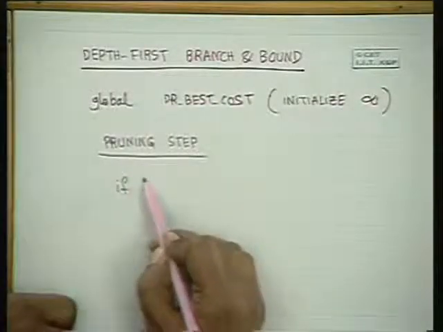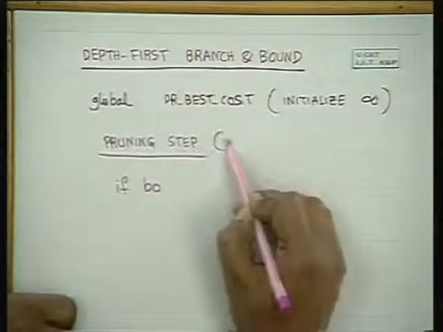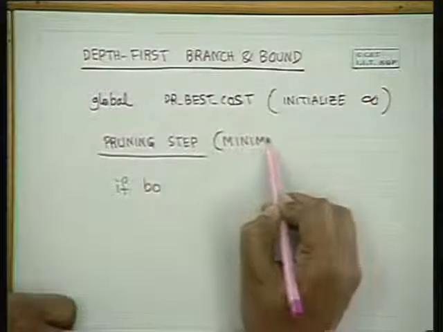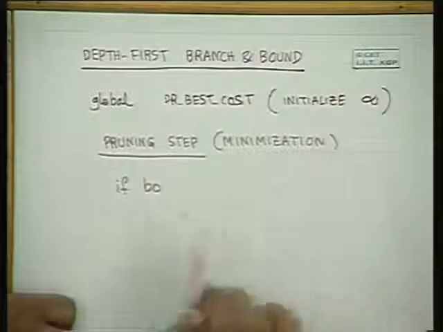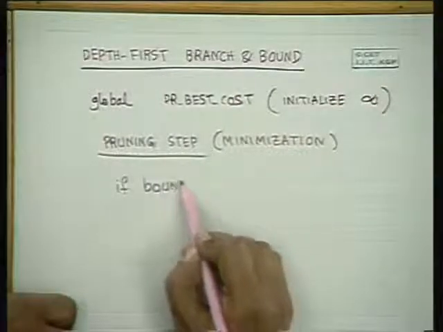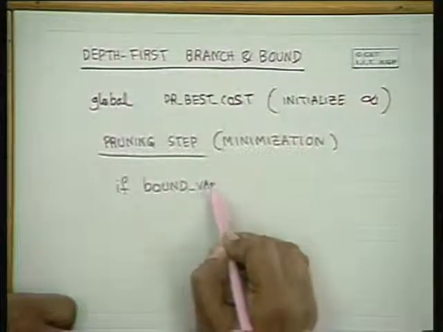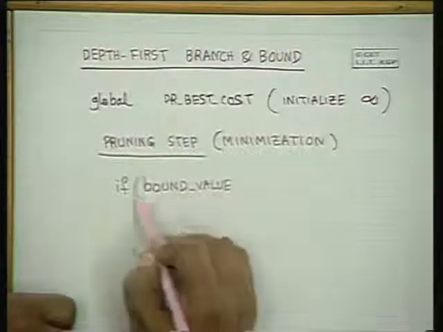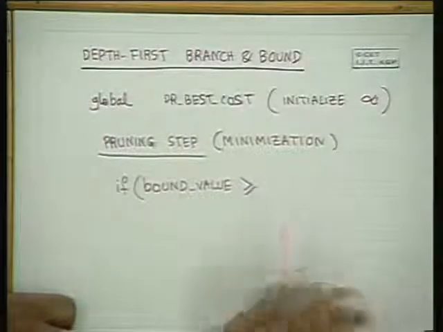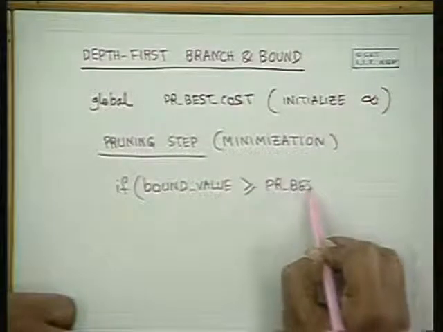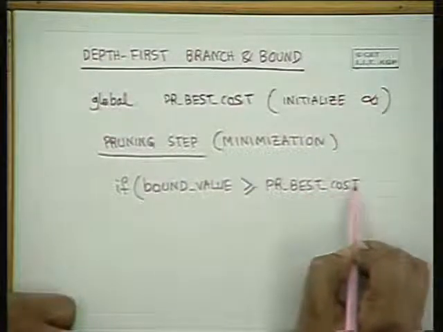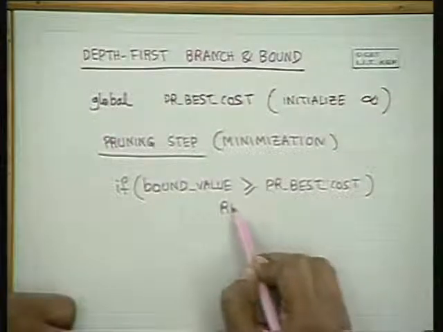If bound, this is in a minimization problem, I leave it to you to understand what will be in a maximization problem. If bound value is greater than or equal to present best cost, return.